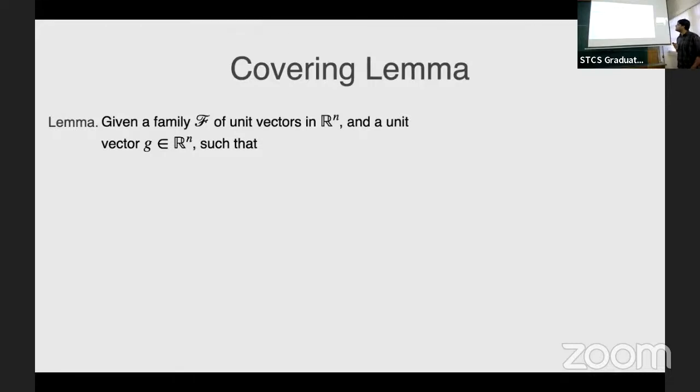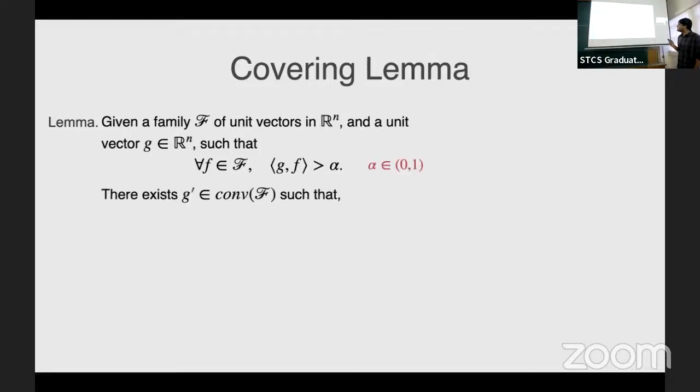If we are given a family F of unit vectors, potentially infinite, and another unit vector G, such that every vector in the family has a somewhat large inner product with G, then there exists some G prime in the convex hull of this family F, such that G prime also has large inner product with F. G was completely arbitrary, but G prime has a bit more structure. The loss is that we went from inner product alpha to alpha squared.